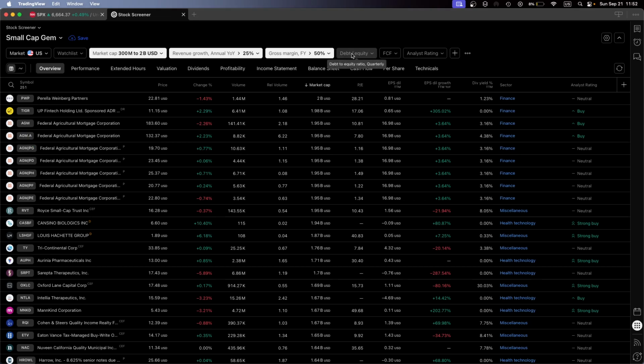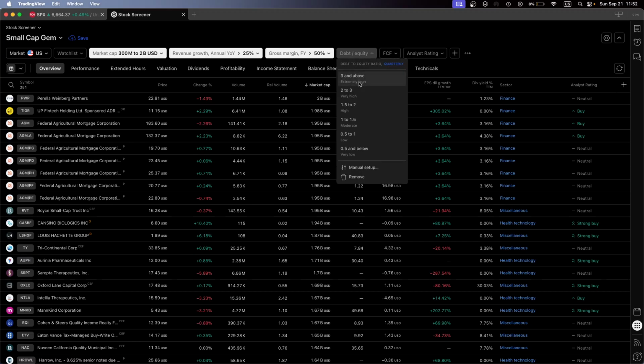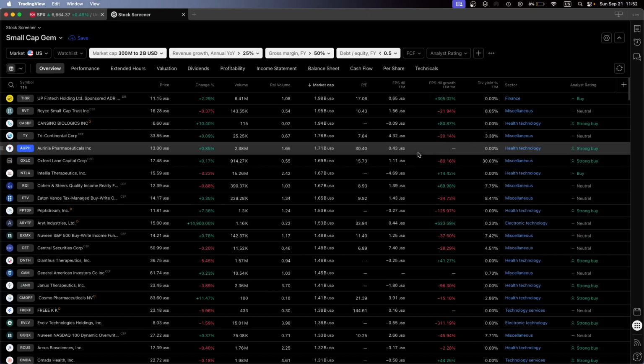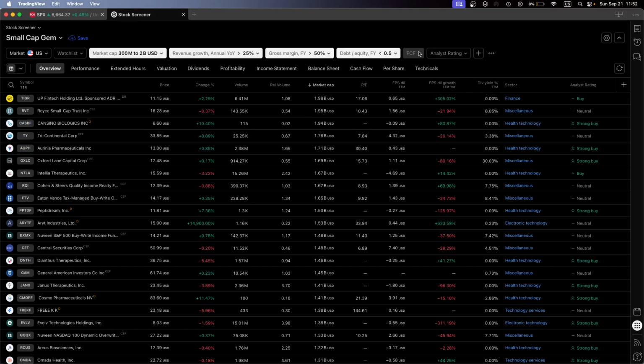And for debt to equity ratio, we are looking at annual, and we are looking at less than 0.5. This will give us a very lean, low risk operation basically.